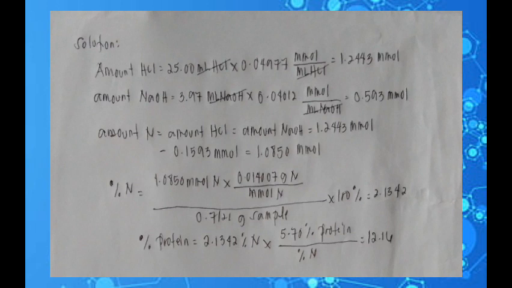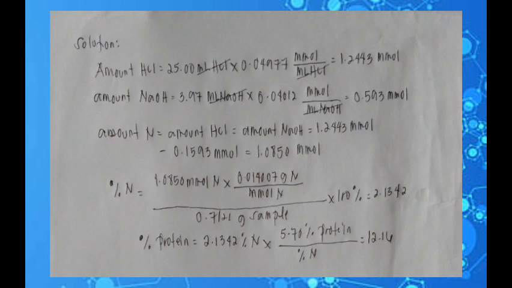Another is yung amount ng NaOH, which is the 3.97 mL NaOH times the 0.0412. So, in order para maiwan na naman yung mole, kailangan nating mag-cancel out again yung mL NaOH na nakadivide dyan sa mole para mole lang ang maiwan. So, kapag ni-times natin, magkakaroon tayo ng 0.1593 mole.